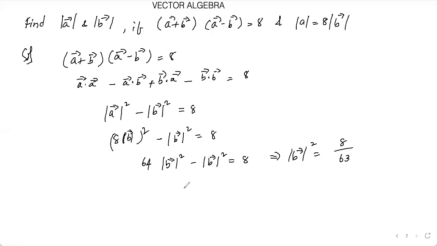If you simplify further, you get mod B as 2 root 2 by root 63.